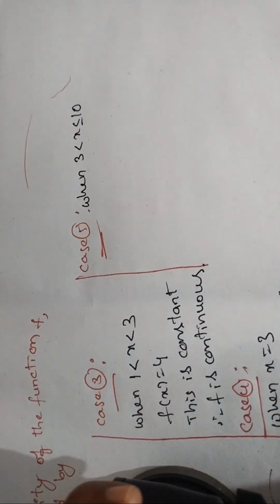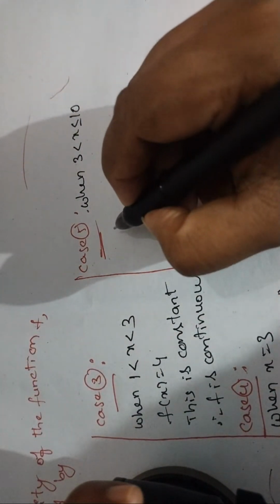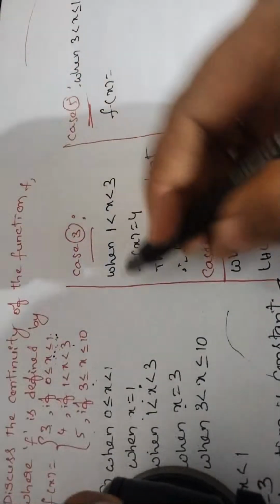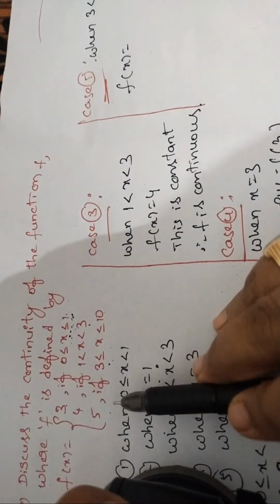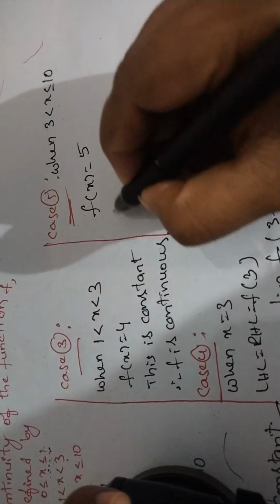So this is the fifth case. At this case, what is the function? The function is 5. This is constant.